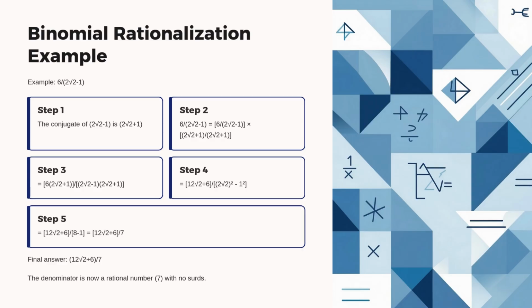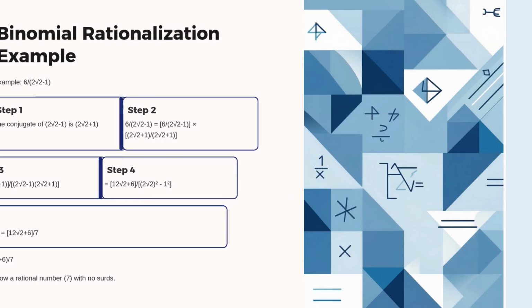Step 5 equals (12√2 + 6) divided by (8 - 1), which equals (12√2 + 6) divided by 7. This is obtained by simplifying the squares in the denominator. Final answer: (12√2 + 6) divided by 7. The denominator is now a rational number, 7, with no surds.